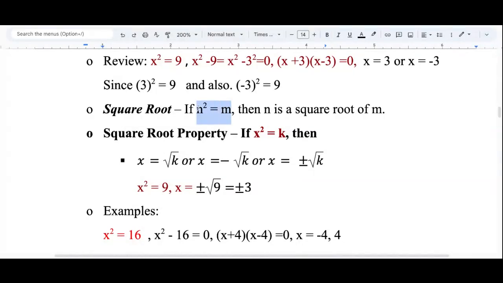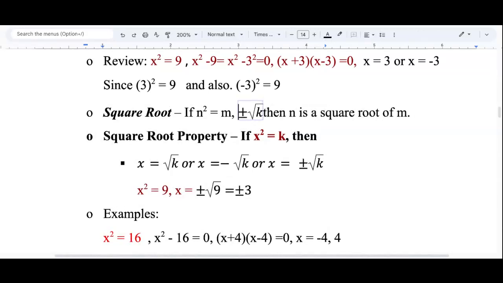We could also use the square root. When we take the square root, we get n equals positive or negative square root of m, because a negative value squared is also positive.